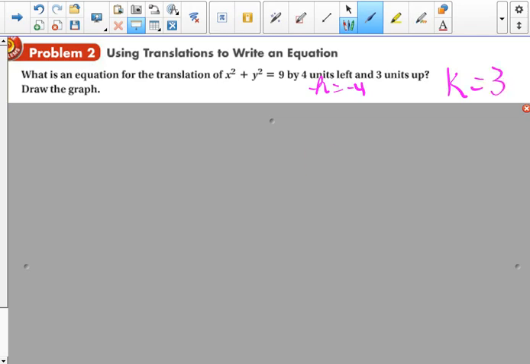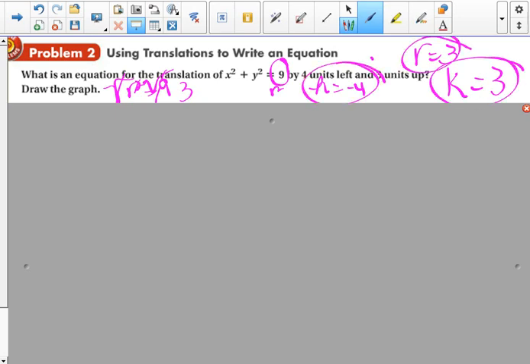Okay, and we know that our circle is x squared plus y squared equal r squared, so r squared equal 9. So if you don't see that, just solve it. R squared equal 9, take the square root of each side, and you get r equals 3. So there we have h equal -4, k equal 3, and r equal 3.